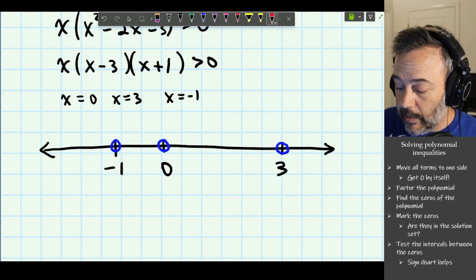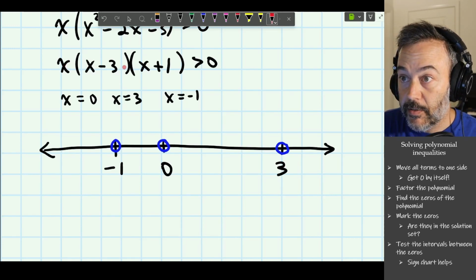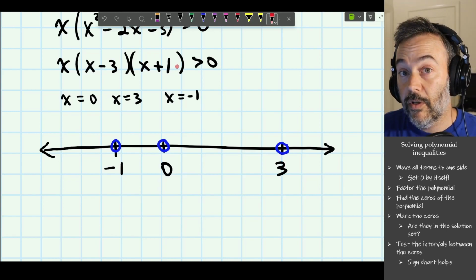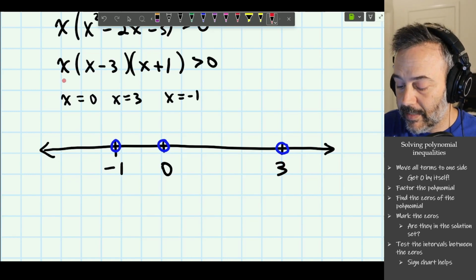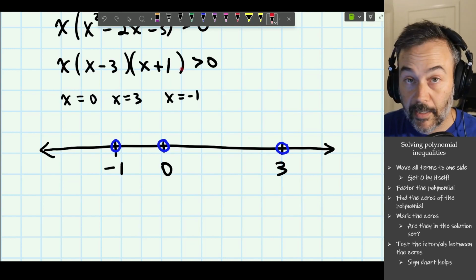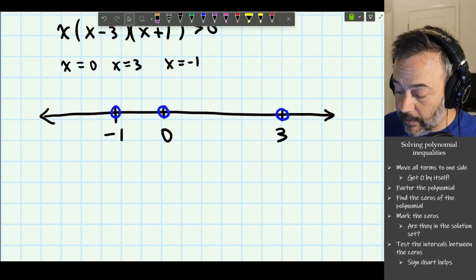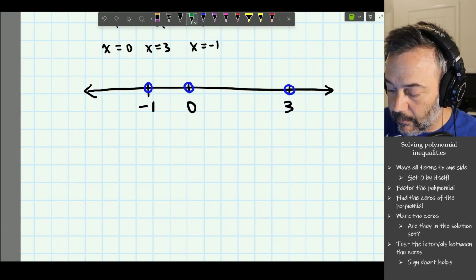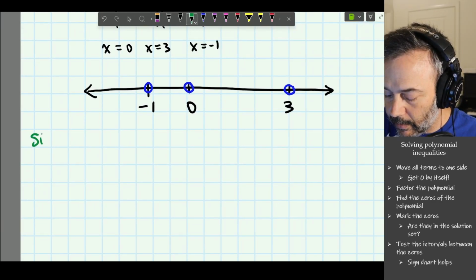What we want to know is what x values make this left-hand side greater than 0. That's equivalent to saying what makes this left-hand side positive. So all we need to do is look at the signs of each of the factors.